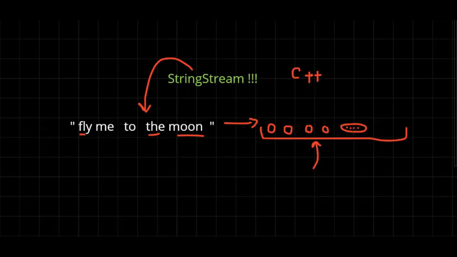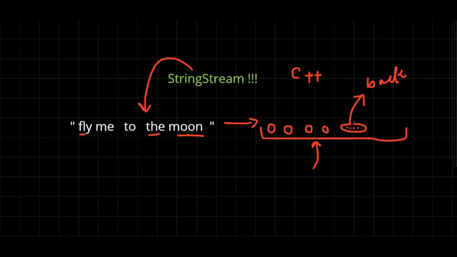From this vector, we can easily extract the last word by using the back function of C++, and we can simply print the size of this last word. And that's how we can use the stringstream function. I hope you understood the logical part.